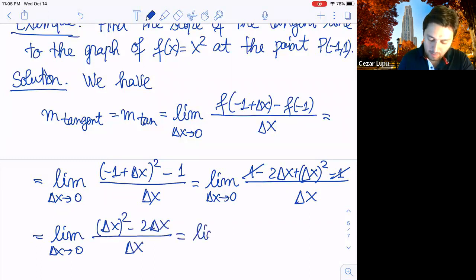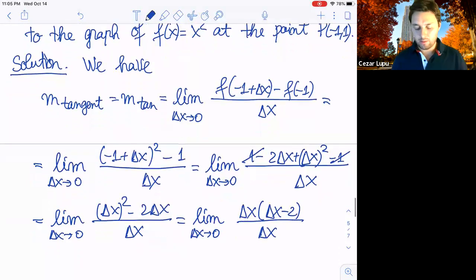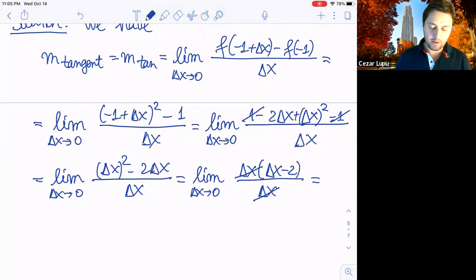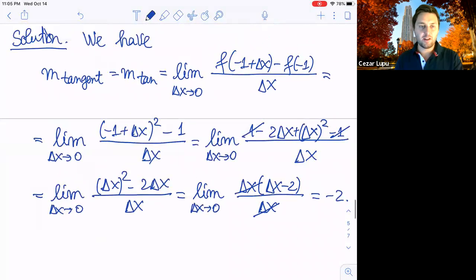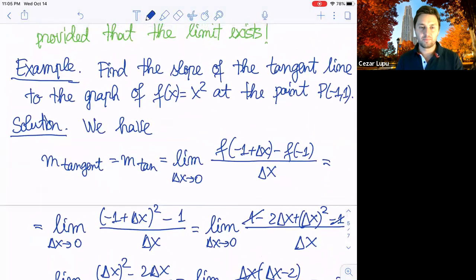And this is the limit as delta x approaches 0 of, well, we can factor something here: delta x times delta x minus 2, everything over delta x. Again, we can simplify here. And if we plug it in, this will give us negative 2. And that's it. This is how we find the slope of a tangent line at a point, right? Okay.